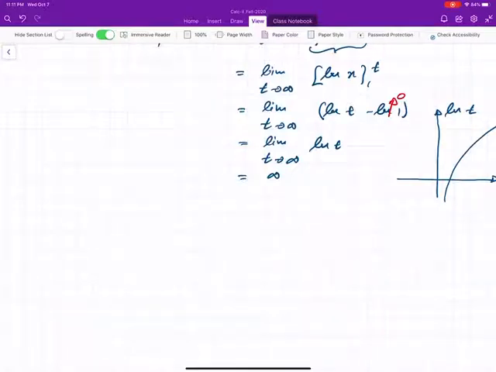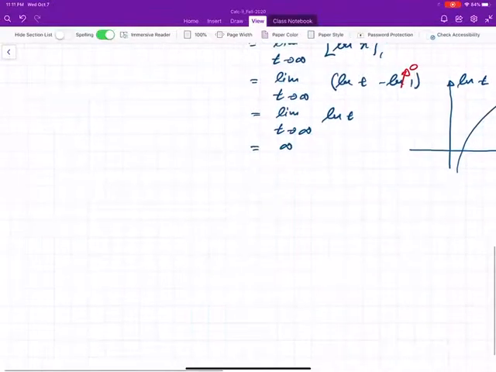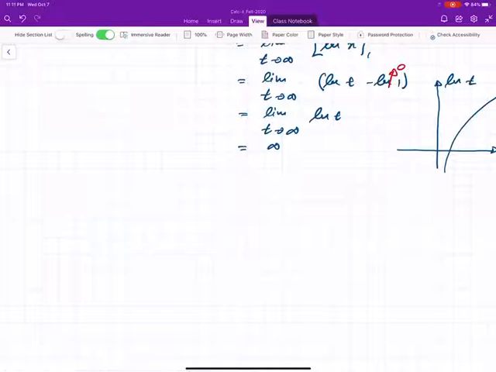Now I'm going to give you 2 other definitions. Let's learn 2 other definitions. These definitions are for convergence of an integral.